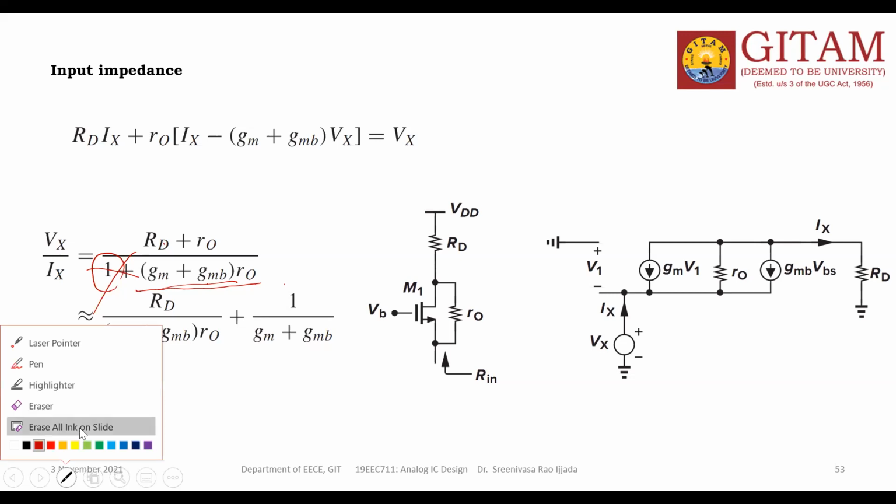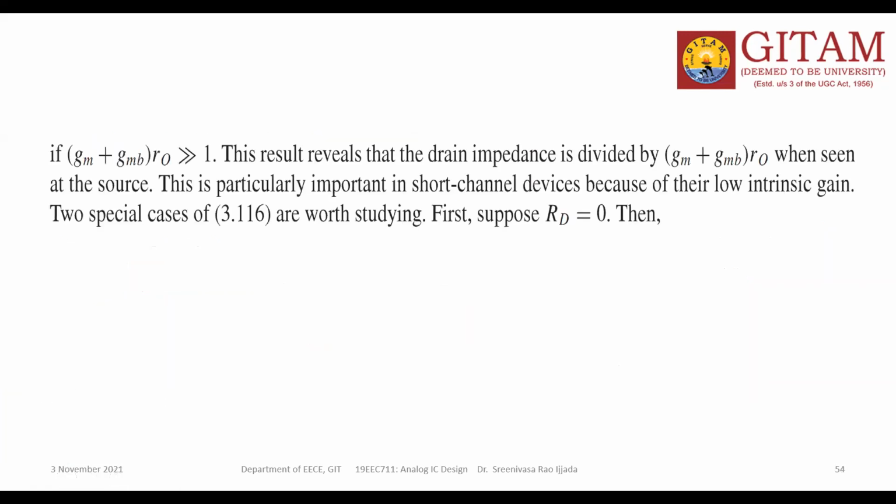So now, I told you if GM plus GMB is far greater than 1, that result came. This result reveals that the drain impedance is divided by the GM plus GMB into R naught. In the equation you got RD plus R naught by GM plus GMB into R naught.